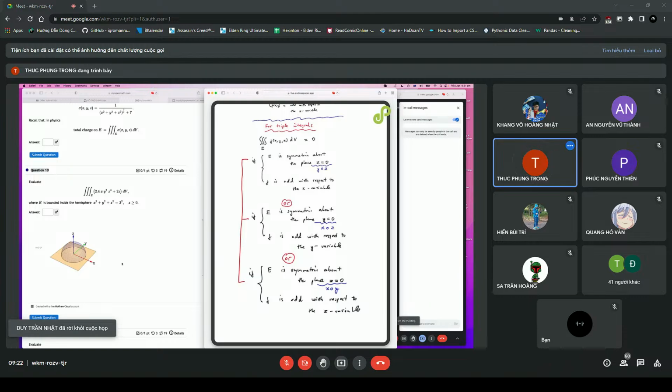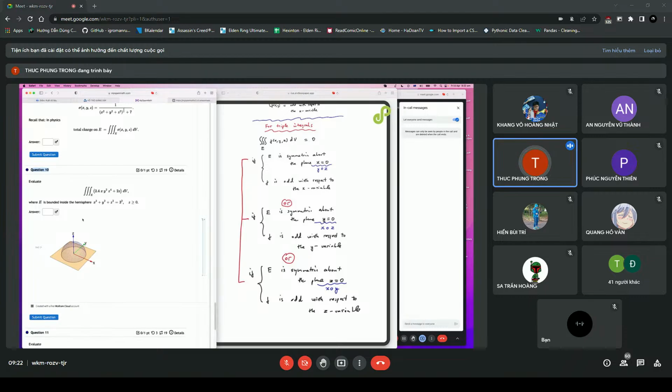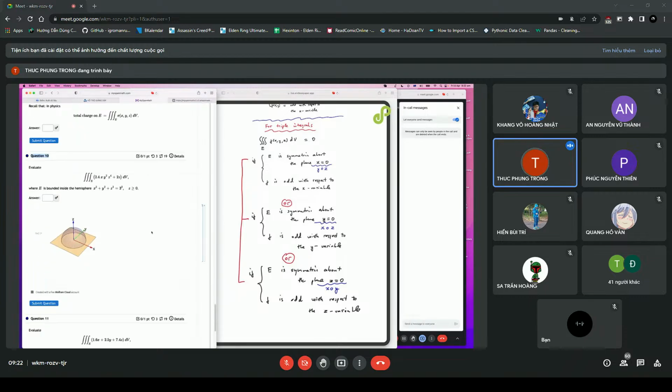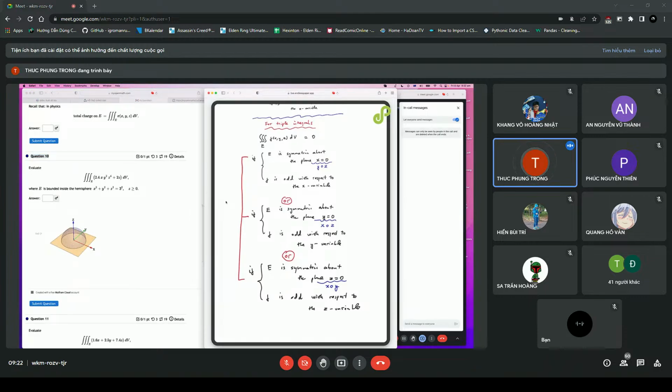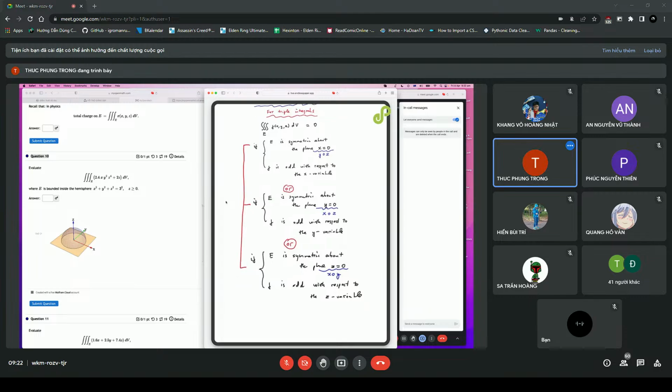So yeah, now let me try to finish question 10, and maybe this is the last question we consider today. So question number 10, going back to question number 10. So you can see, I can do it like this.